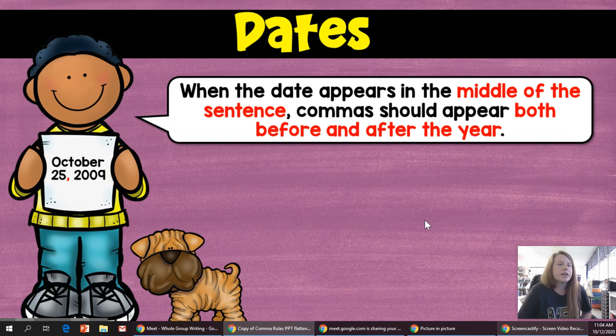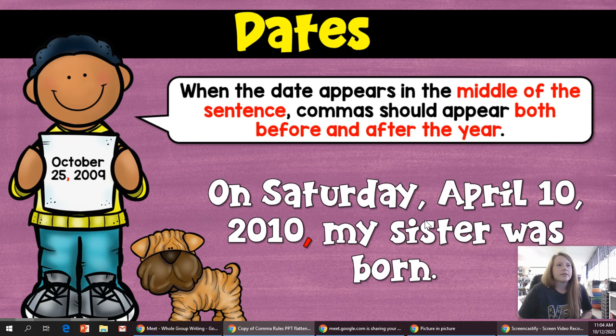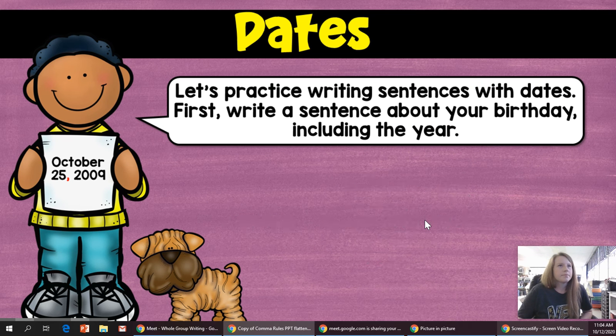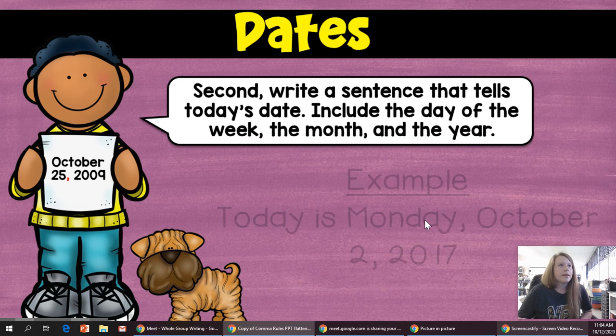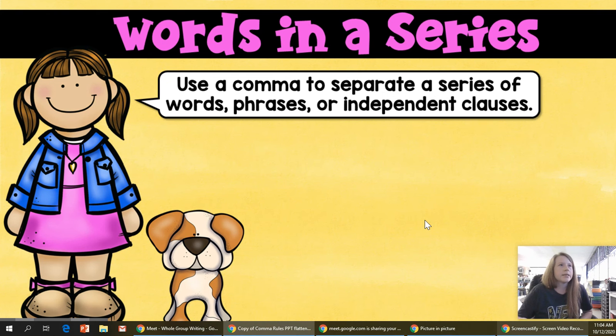When the date appears in the middle of a sentence, commas should appear both before and after the year. Okay. On Saturday, comma, April 10th, 2010, comma, my sister was born. All right. Let me keep going.